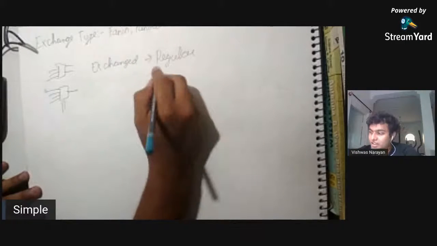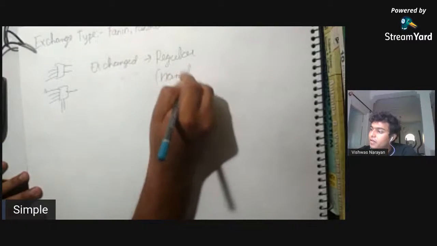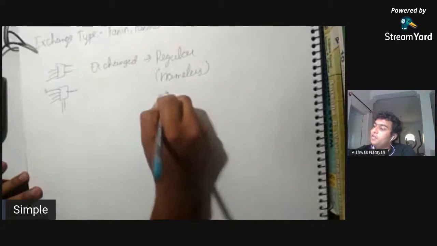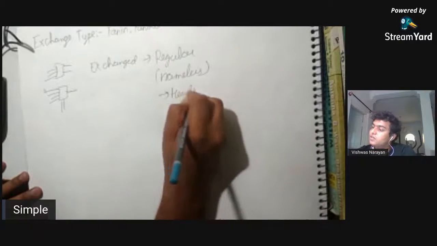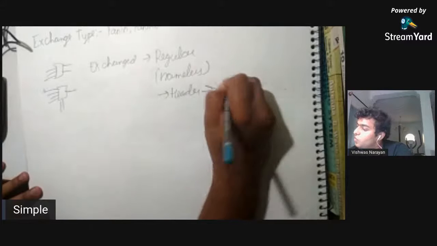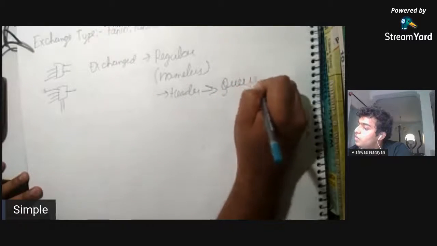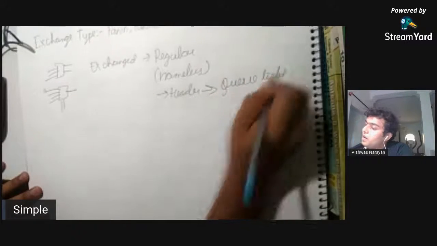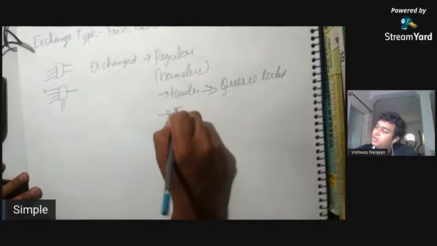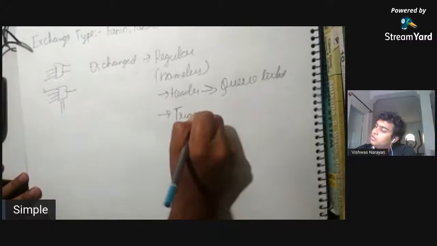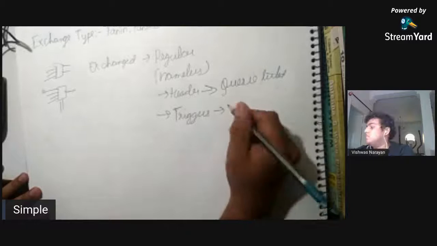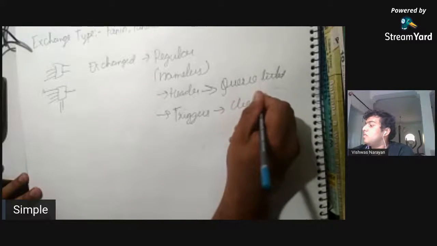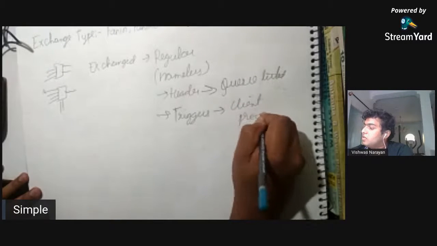So it will be nameless, where if you give a list of headers to it, it just flows through this queue listed. And if you have triggers through your architecture received through the client, it processes it.